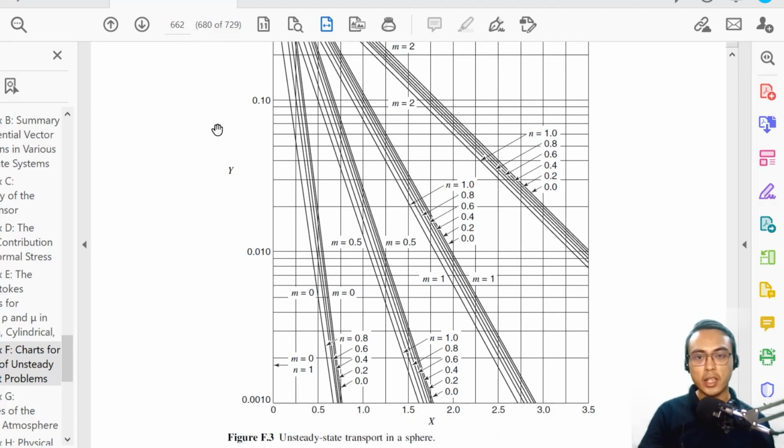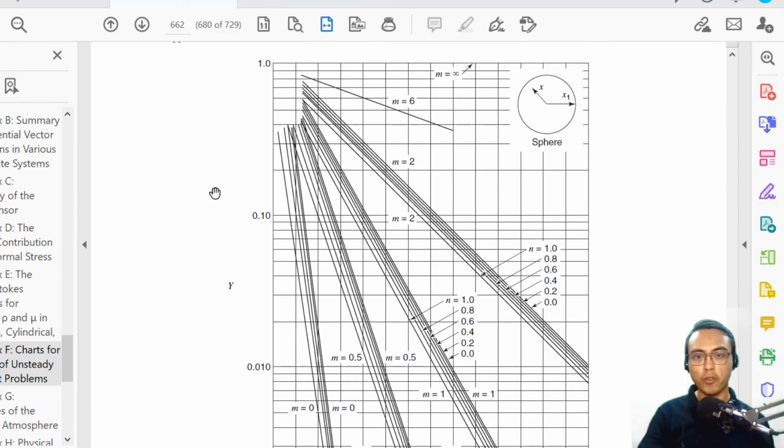Your y-axis here is your unaccomplished temperature change, for which we already have a value. Our Y is 0.4. So looking for Y equal to 0.4. This is 0.1, 0.2, 0.3, and 0.4. Therefore, we will be using this entire horizontal line as our reference value for Y. Next, we take a look at our M value.